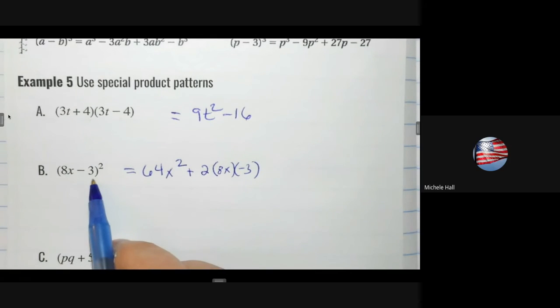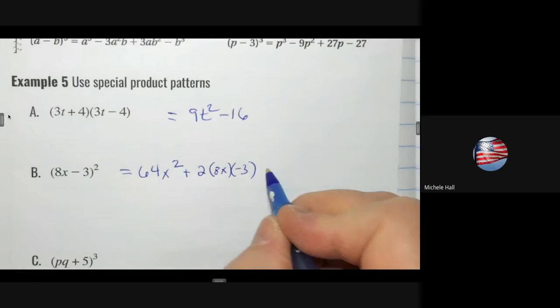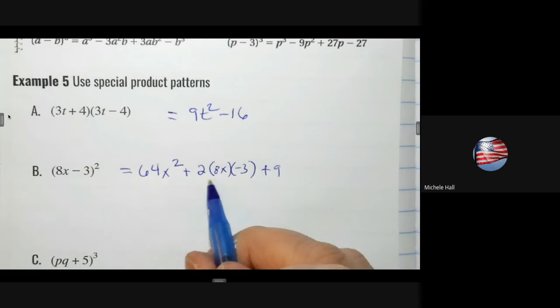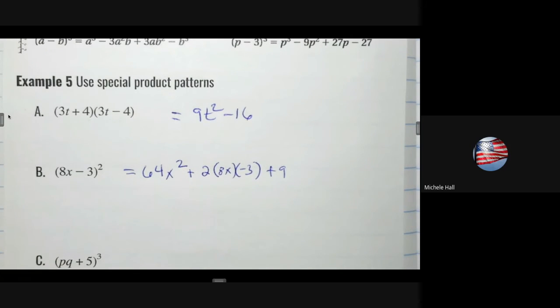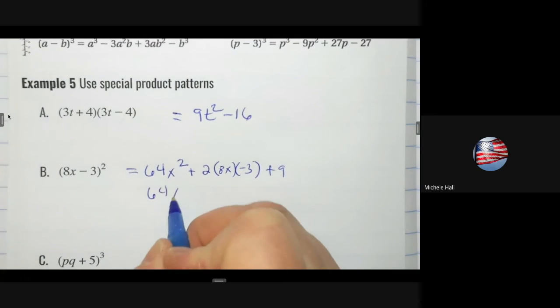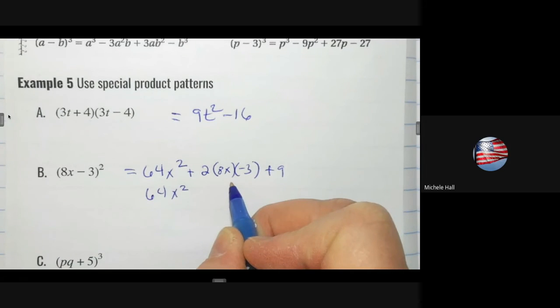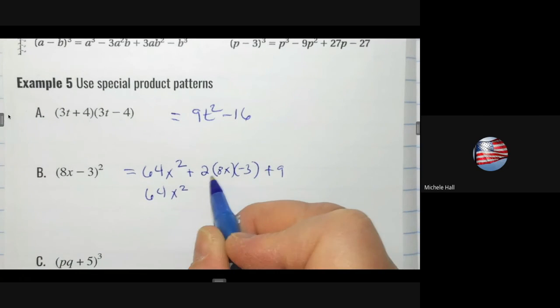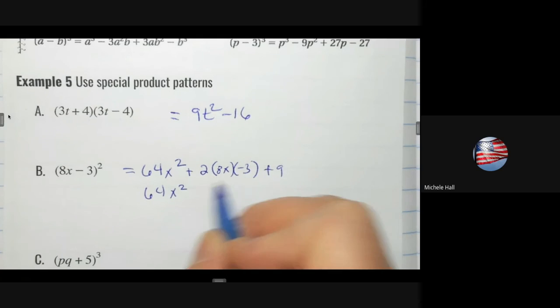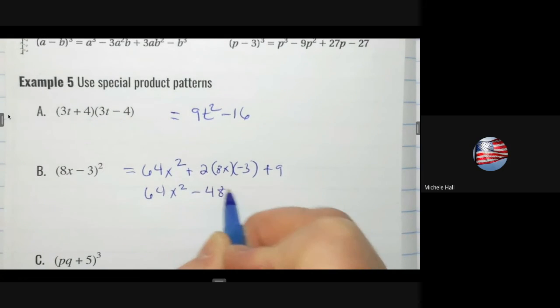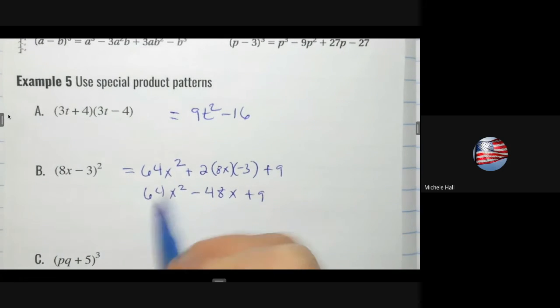And then we have the last term is negative 3 squared. We just need to simplify that middle term. Eventually, you should just be doing that in your head. 2 times the first term times the second term. So we get 64x squared, and then we have 24 times 2 is 48. So negative 48x plus 9.